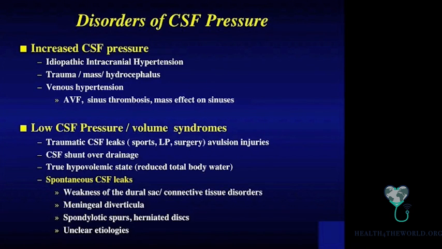And then there are those less common but very important causes of intracranial hypertension related to the venous side of arterial anatomy and capillary and venous anatomy. And these we always have to keep in mind because these are treatable causes of intracranial hypertension.